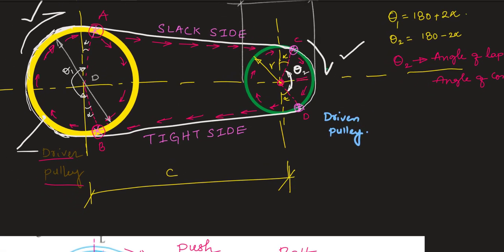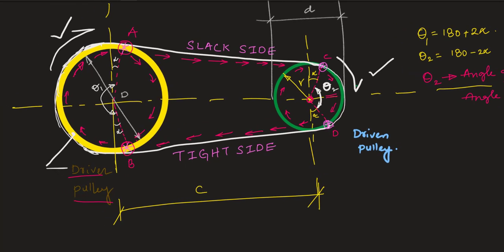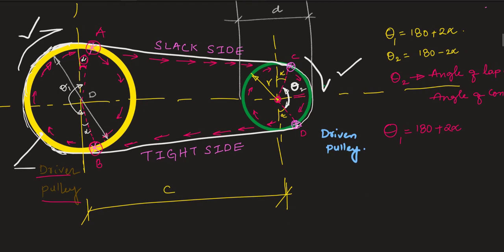For a driver pulley, this total angle where the belt is in contact with the pulley is represented by theta 1. Theta 1 can be calculated as 180 plus 2 alpha, because one alpha is above and another is below.